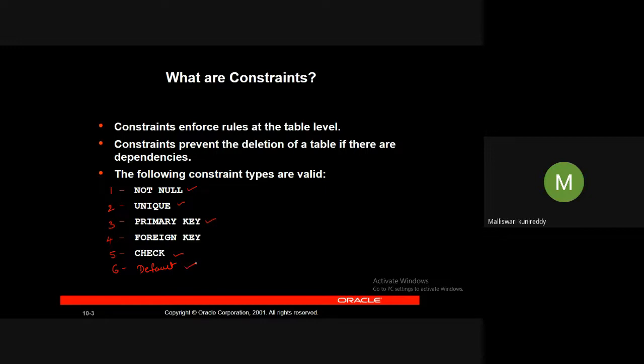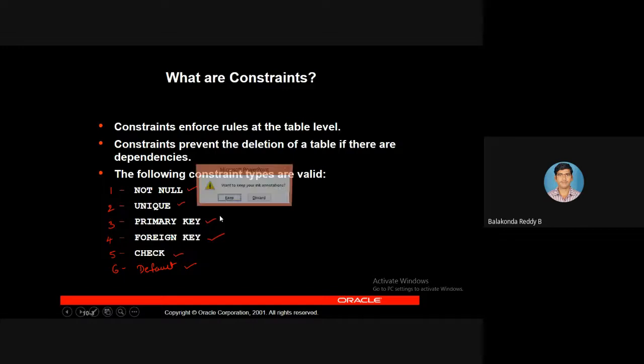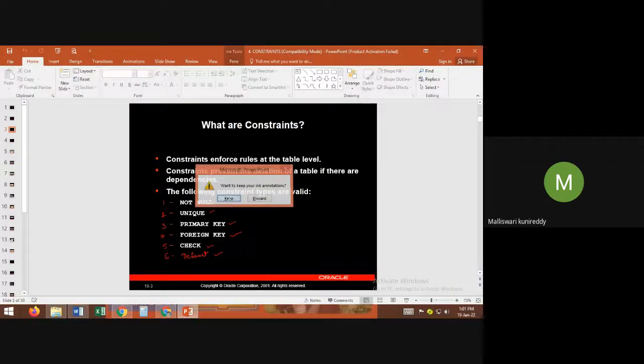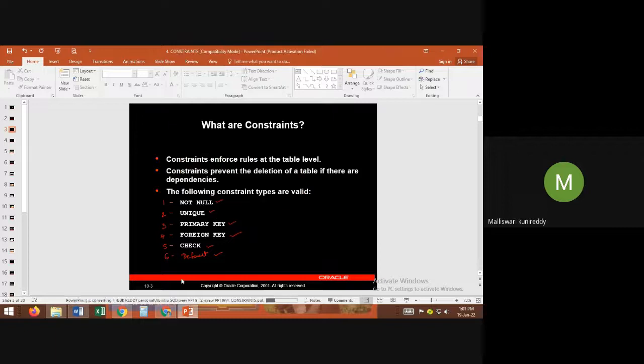Then default. Last one is foreign key. Any doubts in these constraints? Based on the customer or client request, we have to create the database, so apply these constraints.